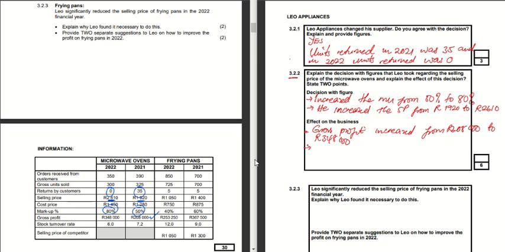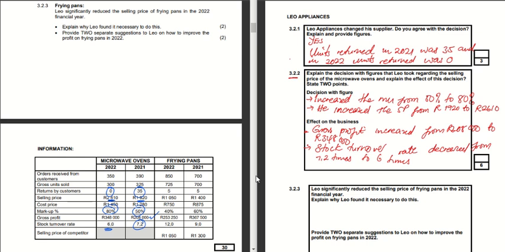You'd see that it also has an effect on your gross profit, but you also see that your stock turnover rate decreased, from 7.2 times to 6 times.